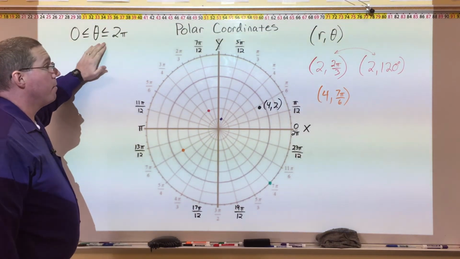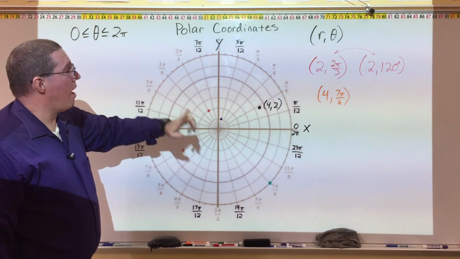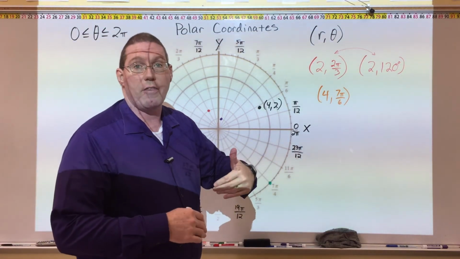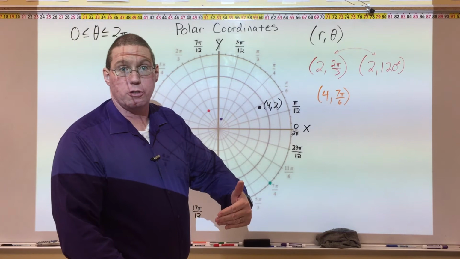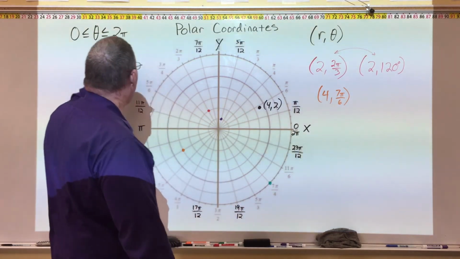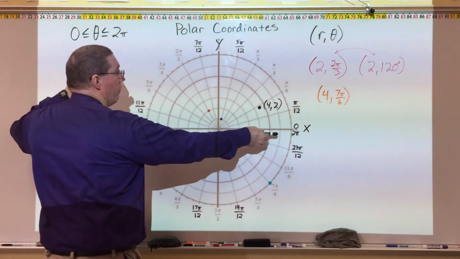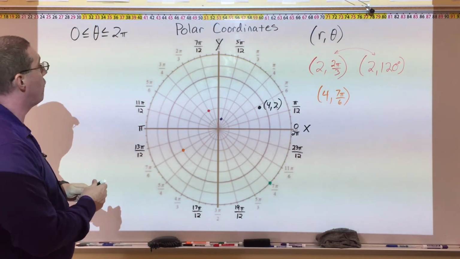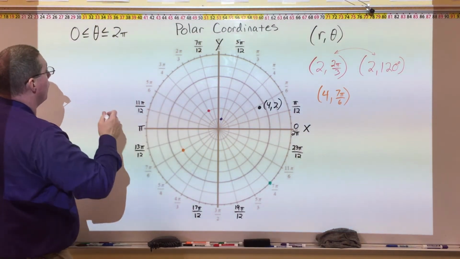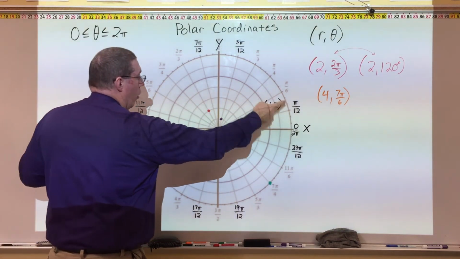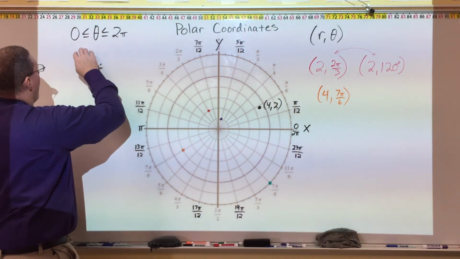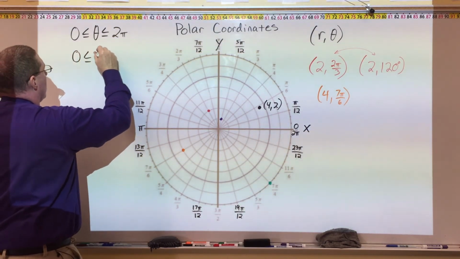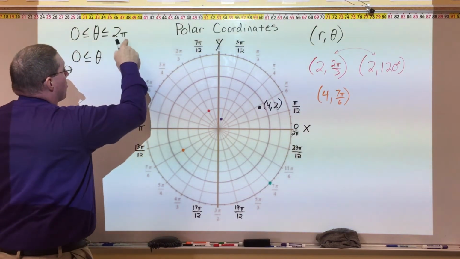Here's what I'm saying: you're never, ever going to use coterminal angle measures, okay? You're always going to use the angle measures that we're familiar with off of the unit circle on the first rotation around. Now, understand that you could wind up doing your theta angle in a way that doesn't include pi.